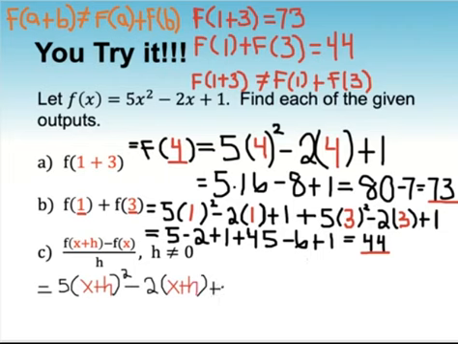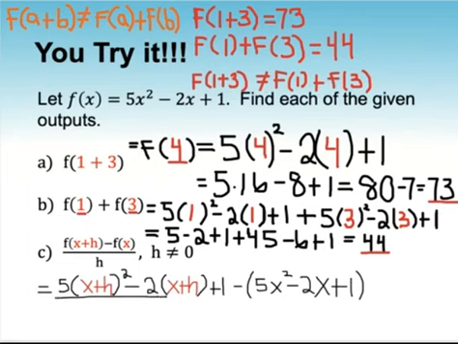And then plus 1. And then we need to subtract f of x. So we're going to go ahead and put that in parentheses so we don't make any mistakes. And f of x, we're not making any substitutions here. So we can just go ahead and write that as 5x squared minus 2x plus 1. And then that's divided by h.